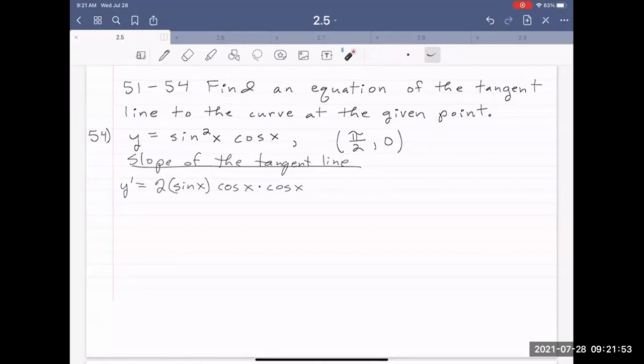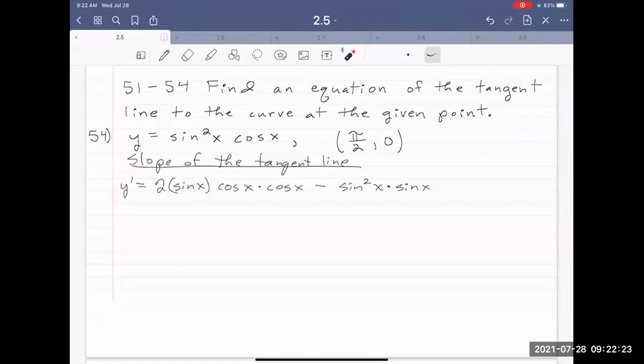Okay, so the derivative of the first times the second plus the first times the derivative of the second. The derivative of cosine x is a minus sine x. And so that's why I wrote this as a minus. It's supposed to be plus, but the derivative of cosine x is minus sine x.